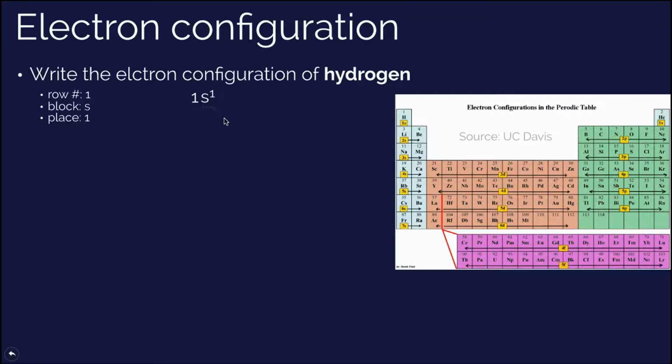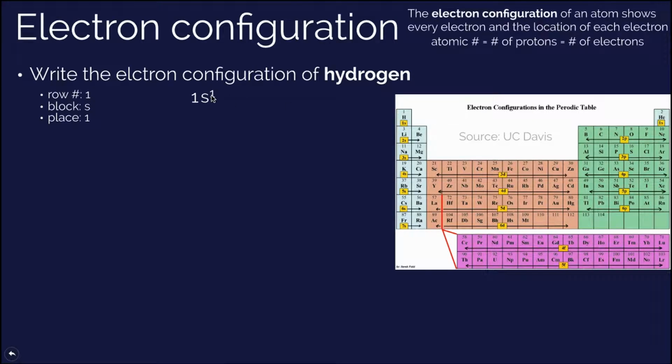So overall, for the electron configuration of hydrogen, we have 1s1. This is showing us that hydrogen is in the first row. It's located in the S section of the periodic table, and it is in the first place. Now, as I told you before, the electron configuration shows us the placement of each electron.